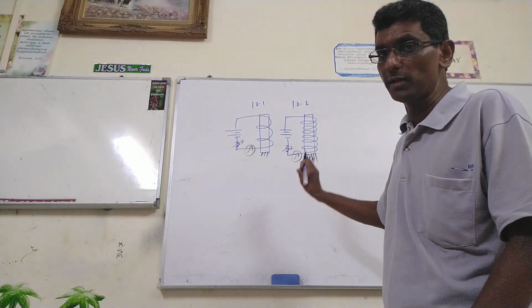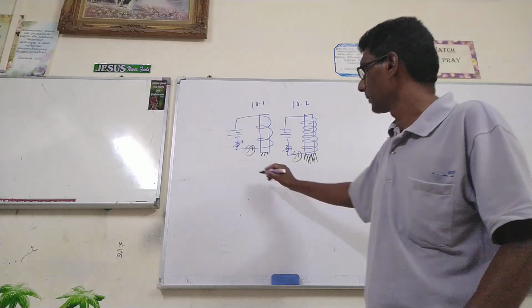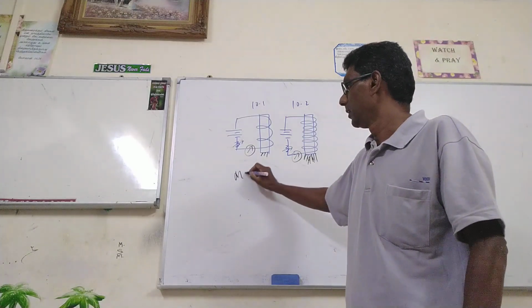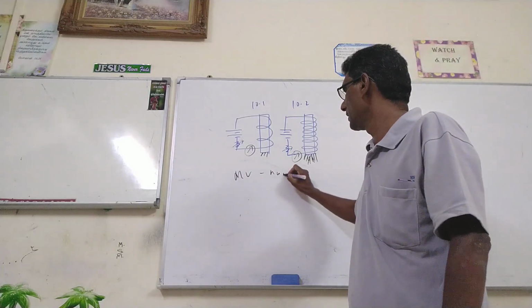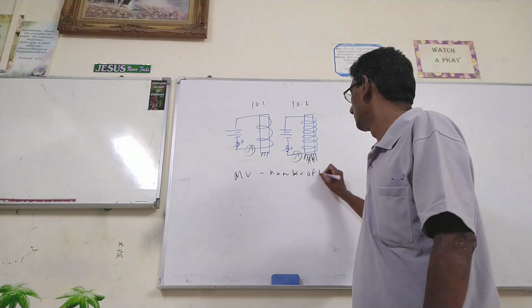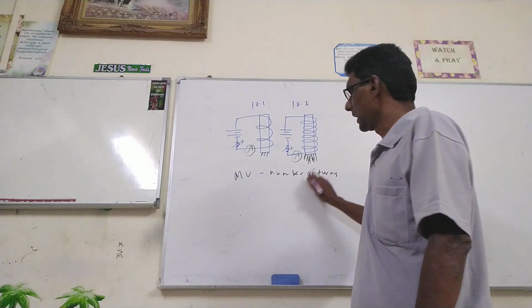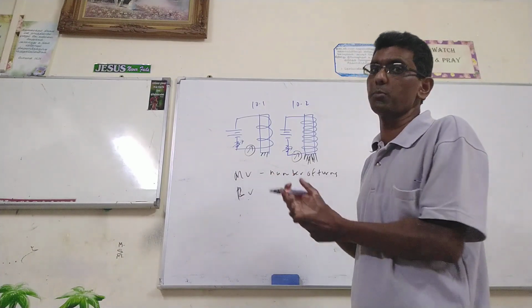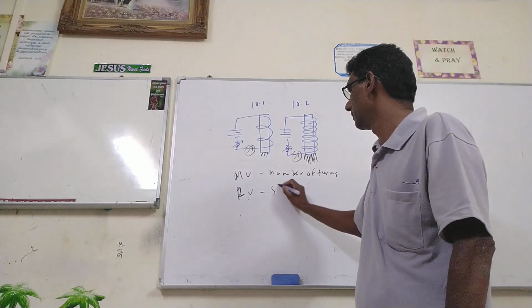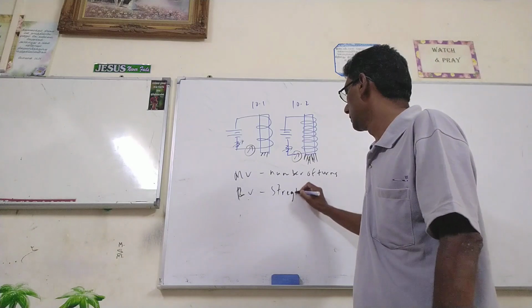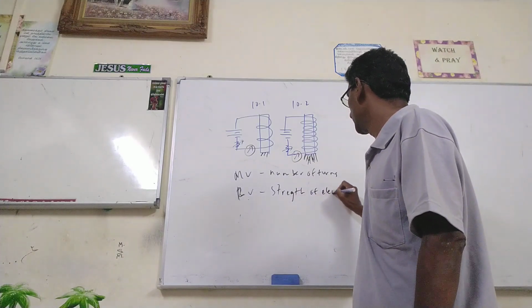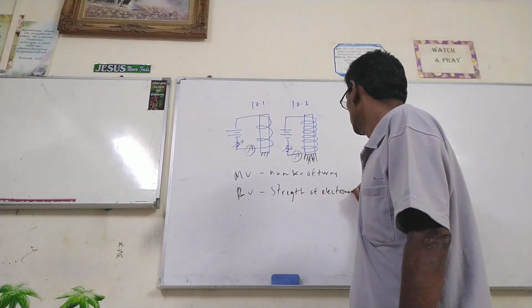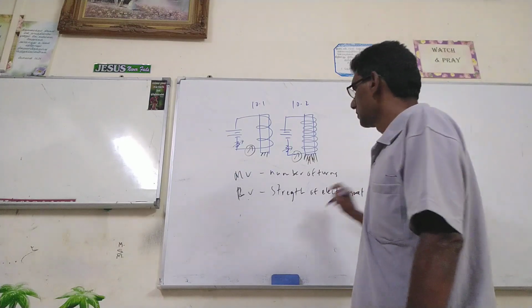So what is the manipulated variable, MV, in this question? Number of turns. What is the RV, the responding variable? Strength of the electromagnet.